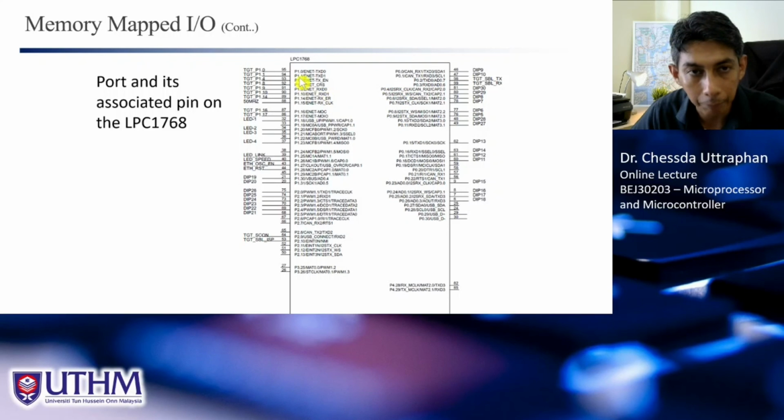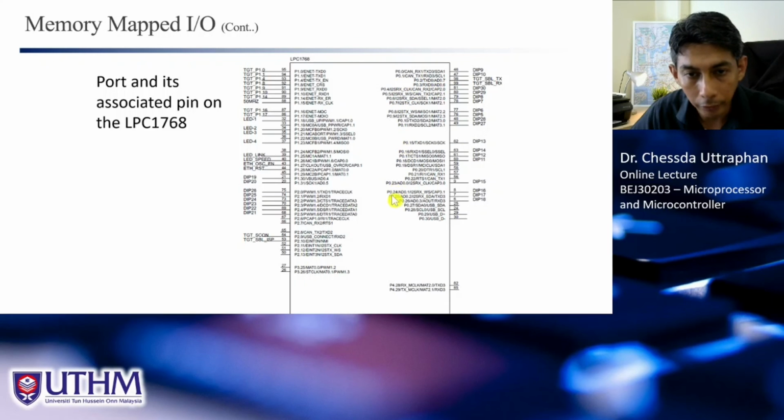For example, in P1 it starts from 0, 1, 4, 8, until P1.31, which means port 1, bit number 31, belonging to byte number 3. And for P3, for example, we have only two bits available at the pin.